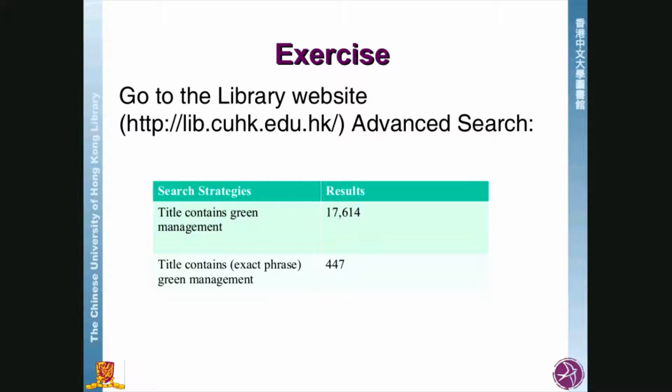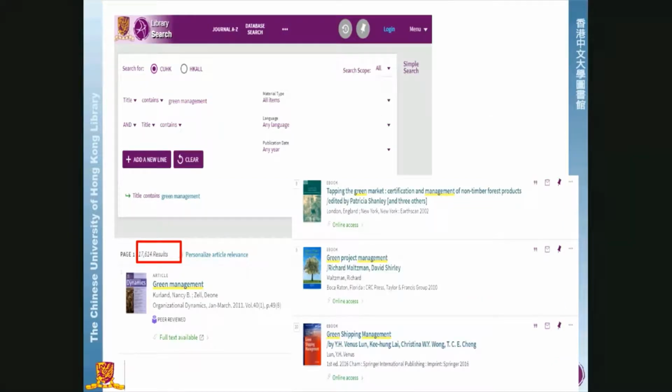Why is there such a big difference? The other terms are the same. The title field is the same. Green management, the search term, is the same. What's the difference? Contains and contains exact phrase. Why does it make such a difference?